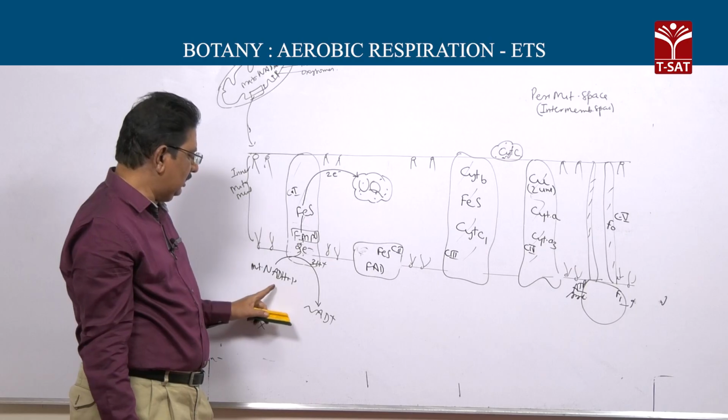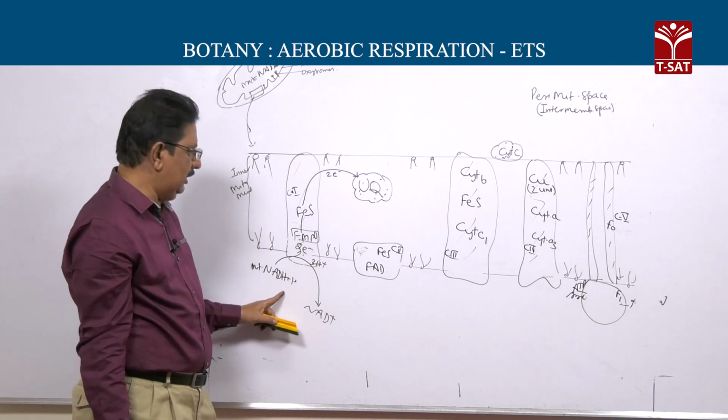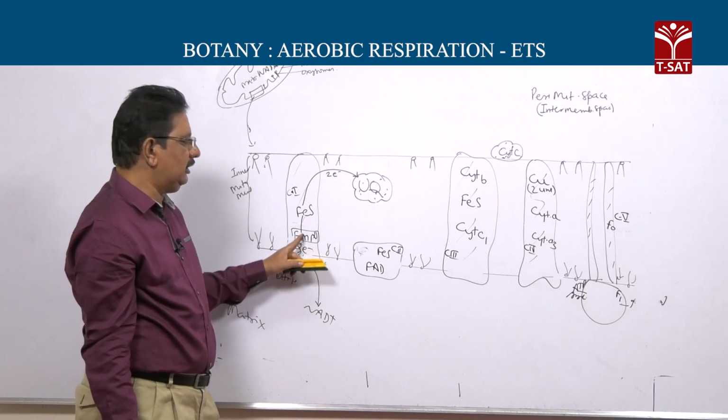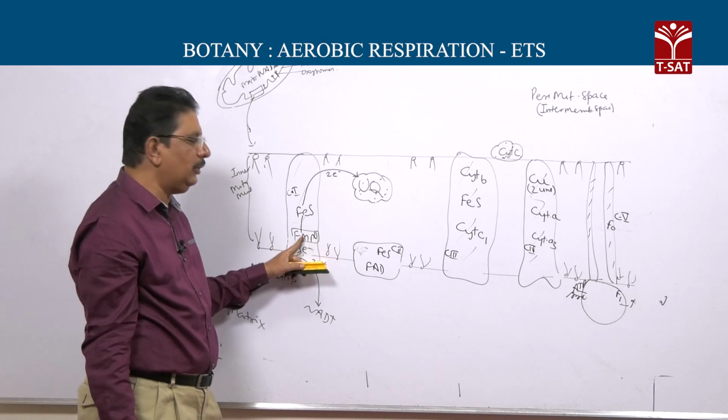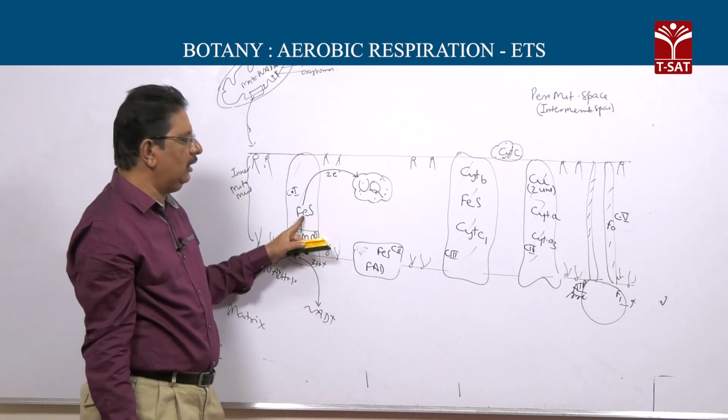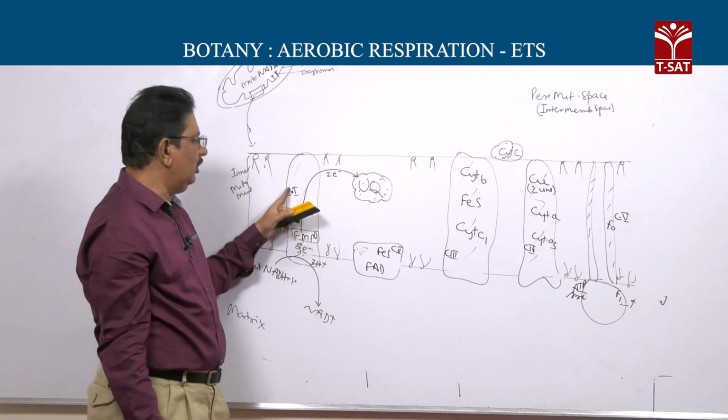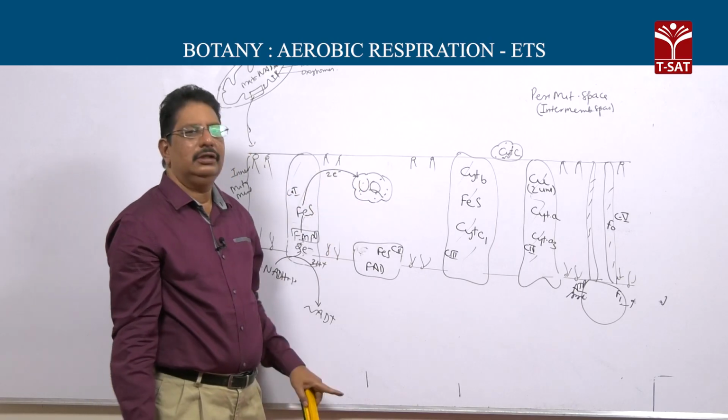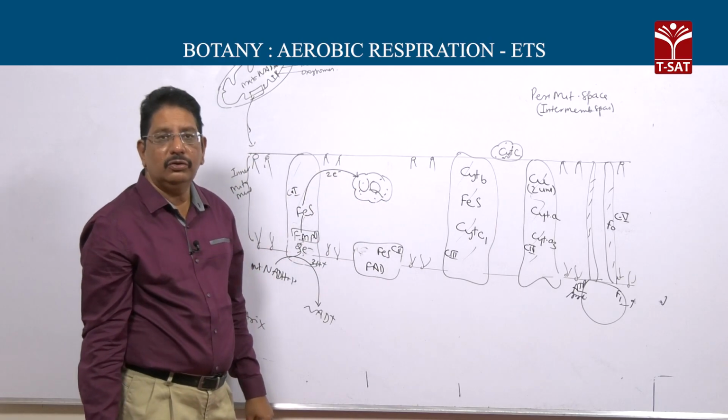So, during the oxidation of mitochondrial NADH, the electrons are transferred first to the FMN part of complex 1, then the iron sulfur center of complex 1, and finally to ubiquinone.